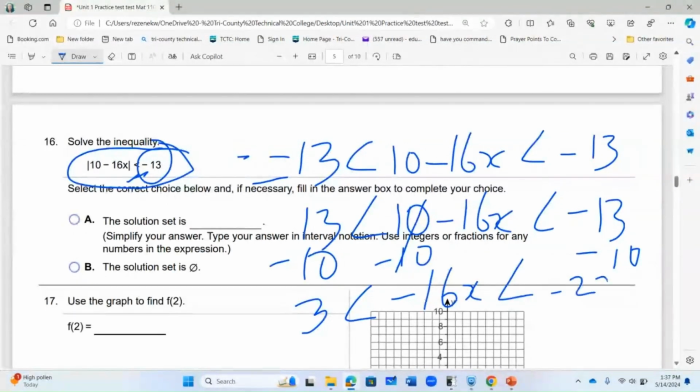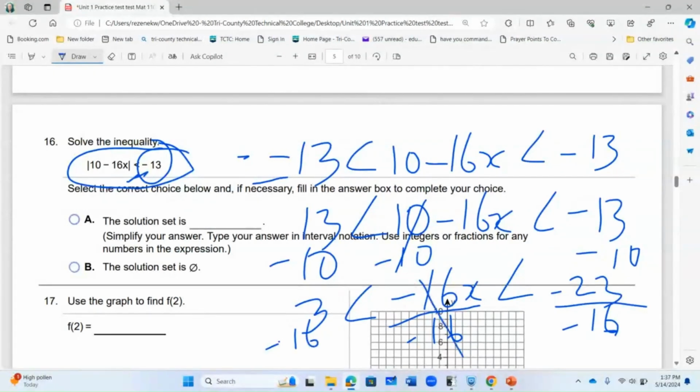I haven't finished solving because I should have the coefficient of x in the middle to be 1. It's not 1 yet, so I will keep isolating x. Divide all three sides by negative 16. That way, I will finish up with positive 1 as coefficient.